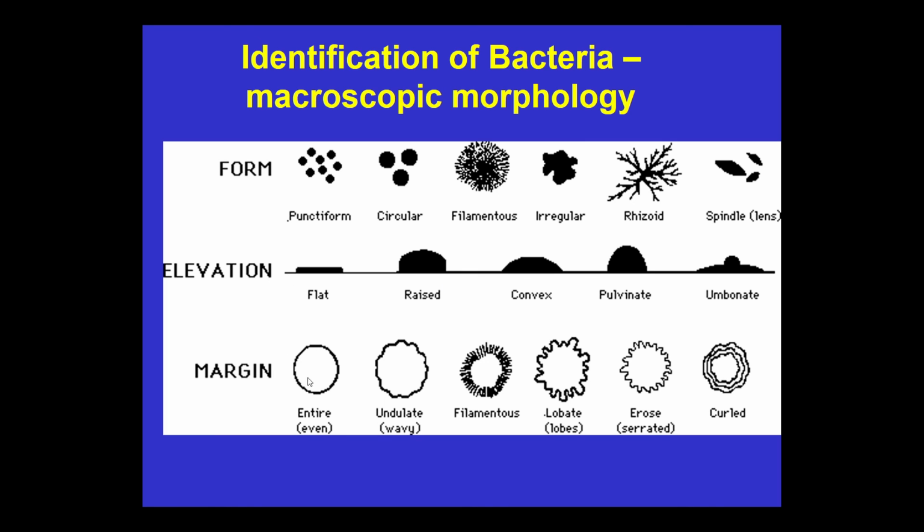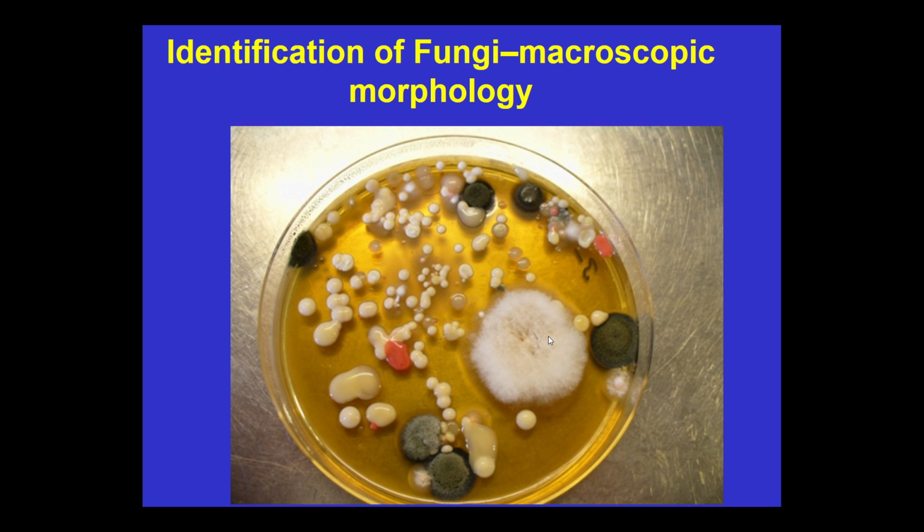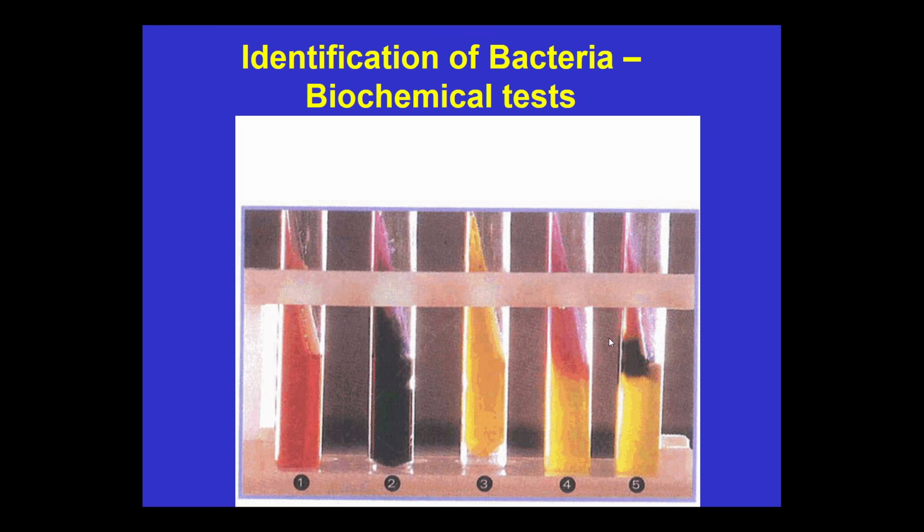They can have entire margins or filamentous ones, and the form of the colony may be punctiform, circular, filamentous, irregular, whatever. This is the macroscopic morphology of the colonies.